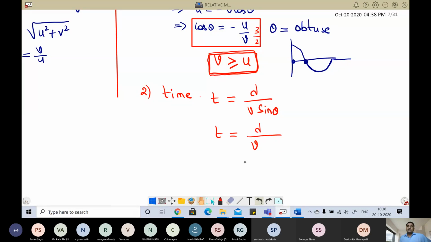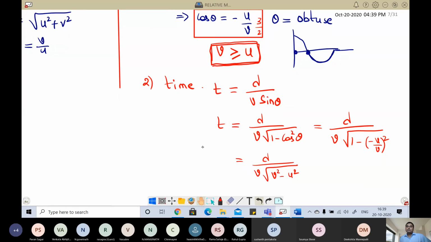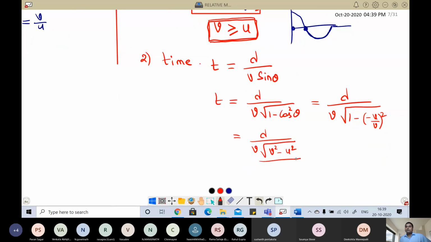Now we know sin theta can be written as under root 1 minus cos square theta. So T is equal to D divided by V into under root 1 minus U by V whole square. That is equal to D divided by V into under root of V square minus U square over V square, and in the denominator you will have again V, so this V will get cancelled.